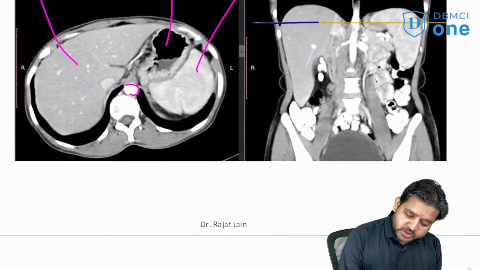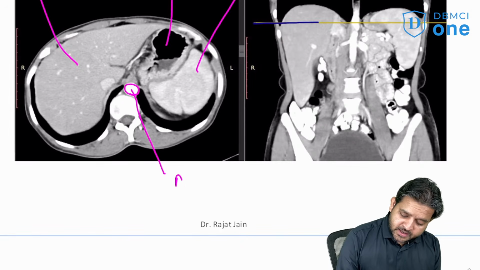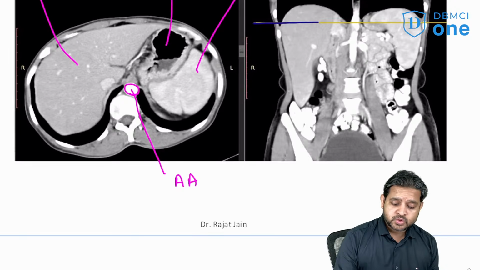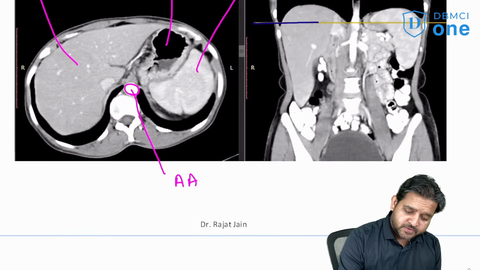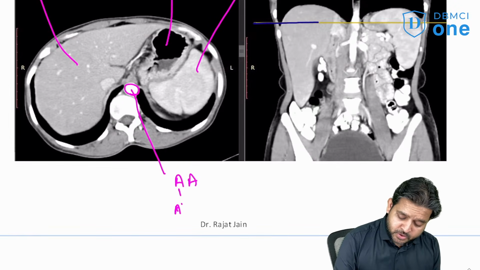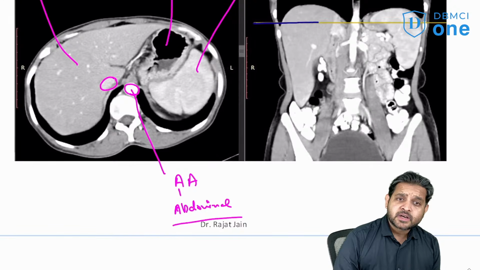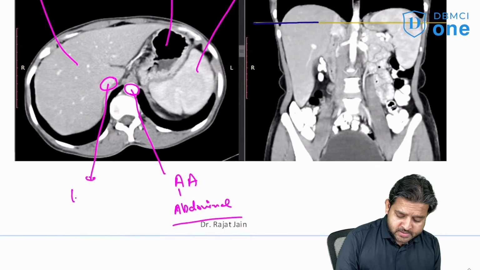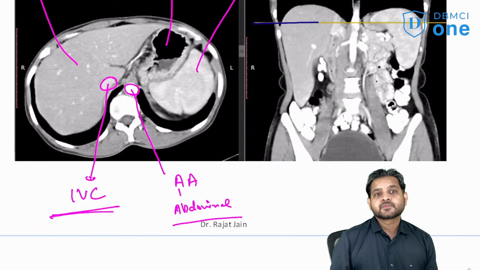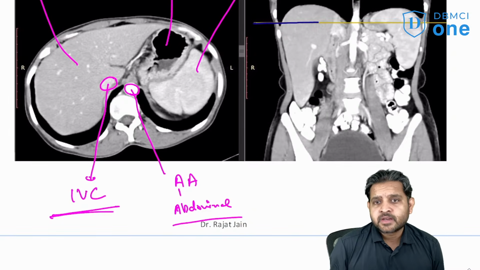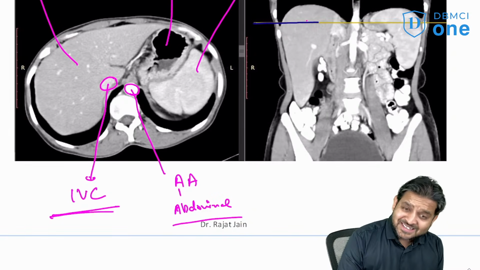Now, this rounded structure, which is contrast filled, is abdominal aorta, not ascending aorta. My fault. Whereas this another vessel just to the right of the abdominal aorta is inferior vena cava, right? Now this is at this level.